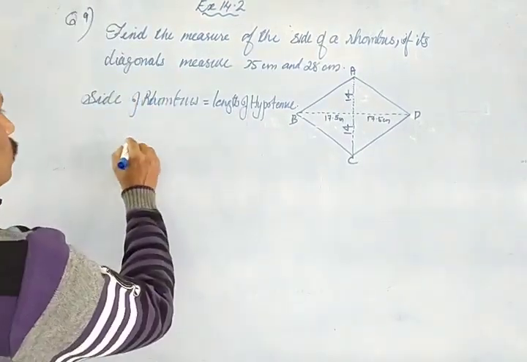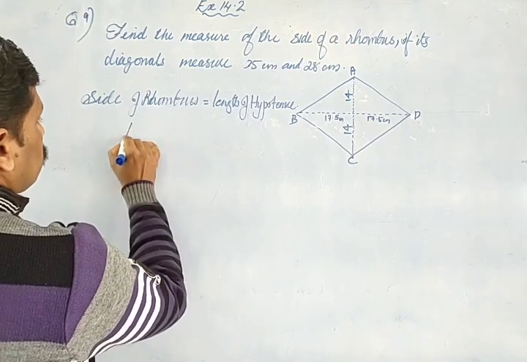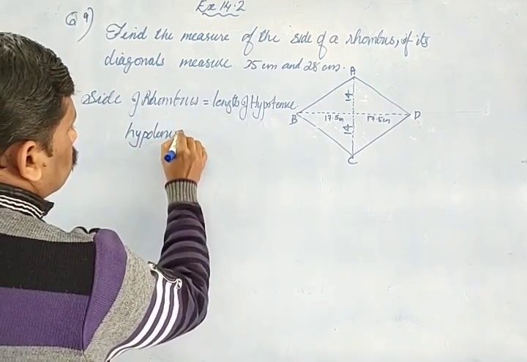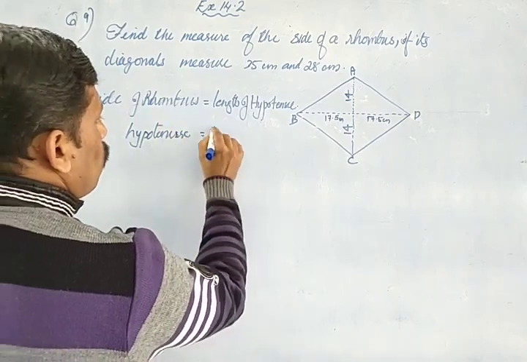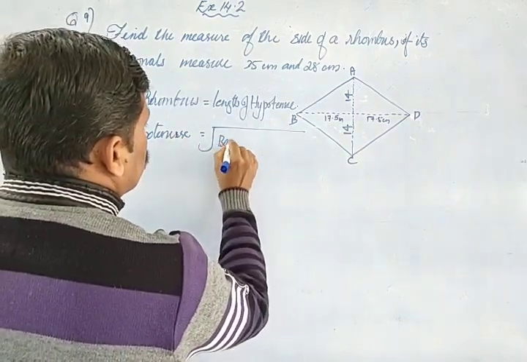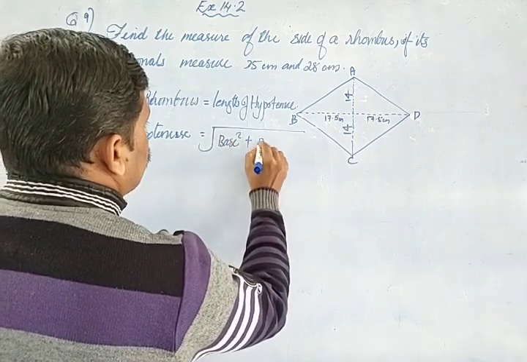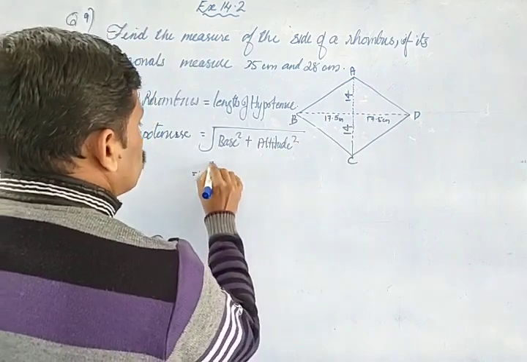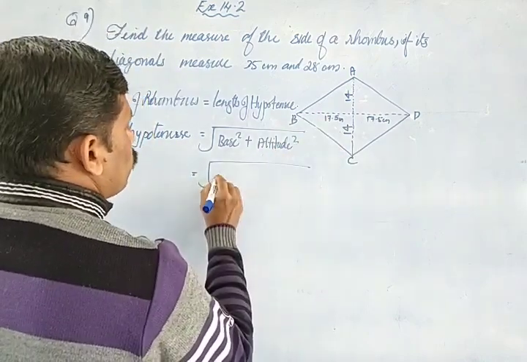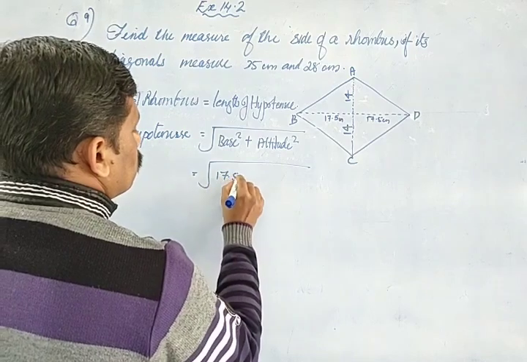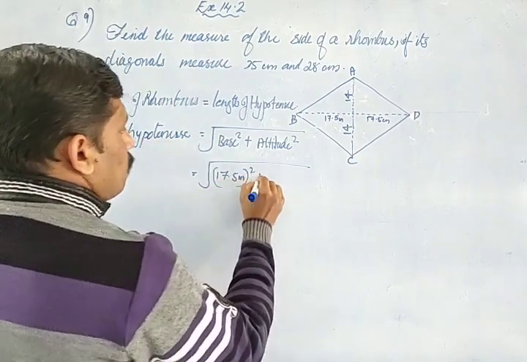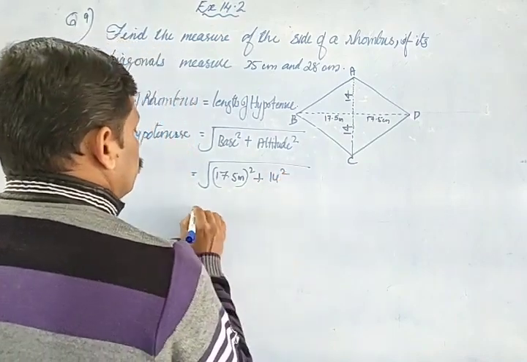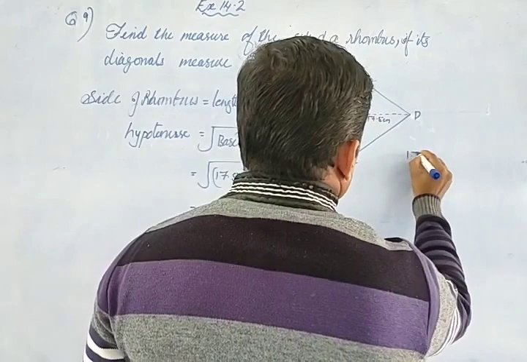Therefore, the hypotenuse is equal to the root of base square plus altitude square. That means the base we have taken is 17.5, plus the altitude is 14 square. So we take the square, 17.5 into 17.5.